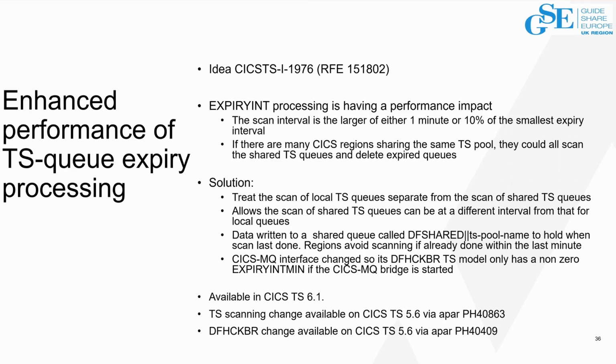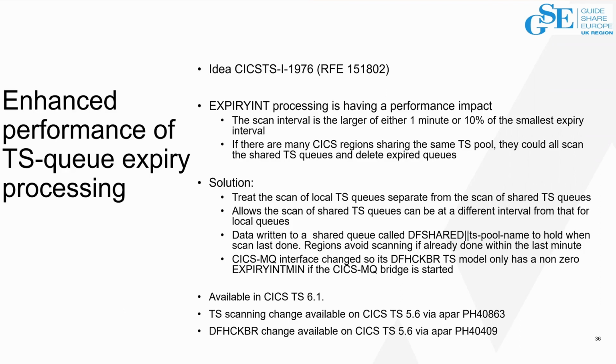The other thing we did was to correct an unplanned feature. Let's say we started using a TS model for the CICS MQ bridge to solve a customer problem, and we shipped the definition with a non-zero expiry interval, and that caused problems for some customers that all of a sudden they were getting more expiry interval scans than they had previously.